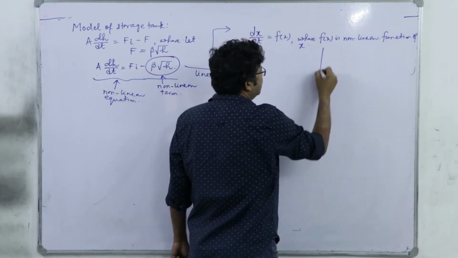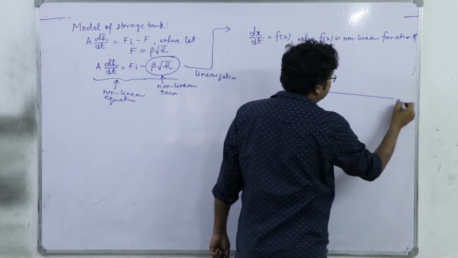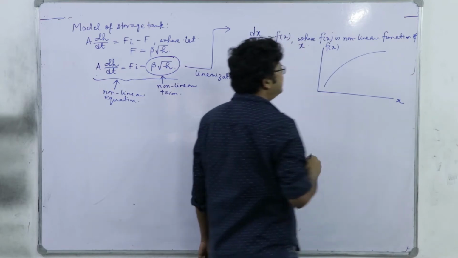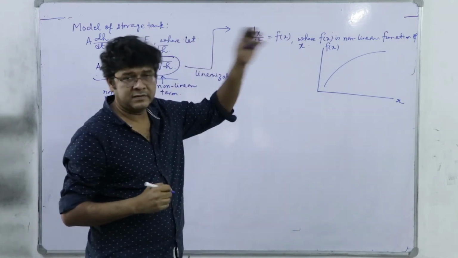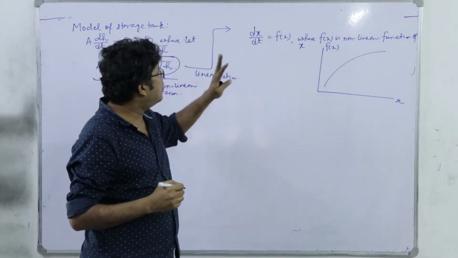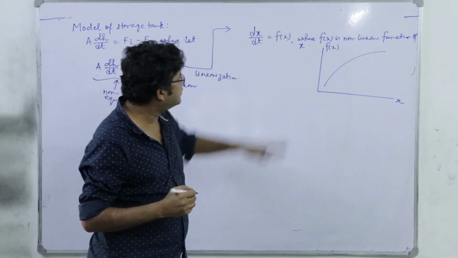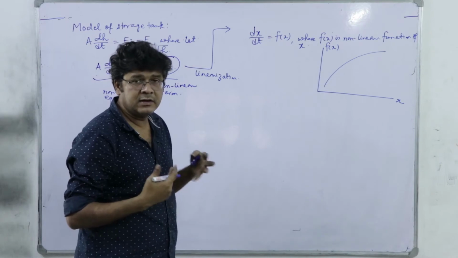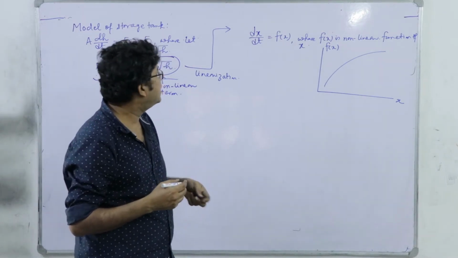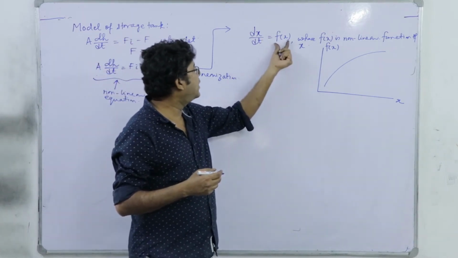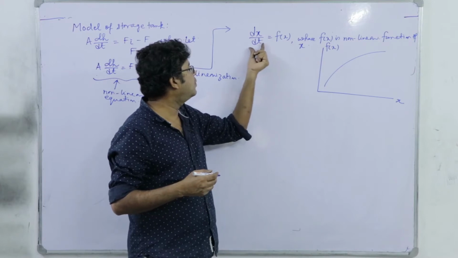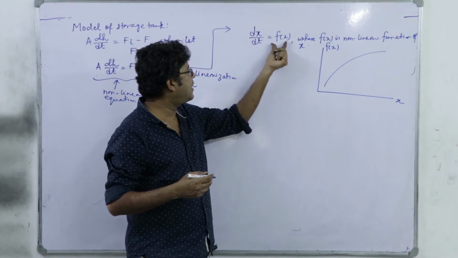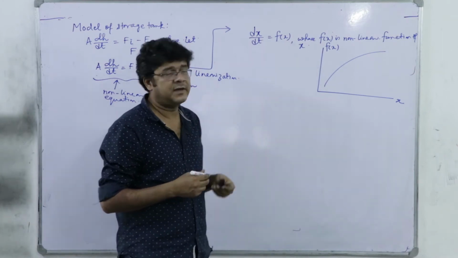right. So, in general you see, this may have a trend f(x) versus x like this. So, now we have to solve this equation and we cannot do it unless we convert the equation into a linear form. And the point here is that we are not bothered about this dx/dt, we actually have to focus on this f(x).